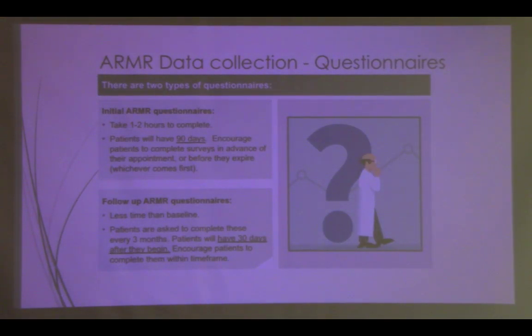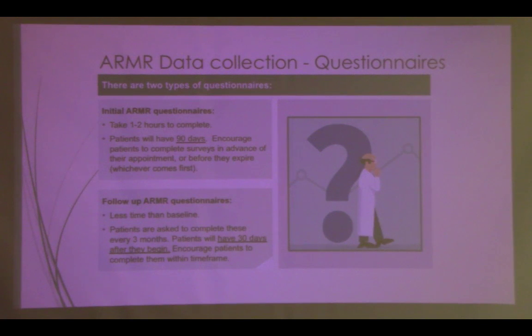And so here is some more detail about the questionnaires. As I mentioned, they ask you a very comprehensive set of information. The first initial set of questionnaires is going to take around 1 to 2 hours. It's quite lengthy, but patients do have about 90 days to complete them, and they're all online and can be done on the patient's own at their own pace and at their own time.